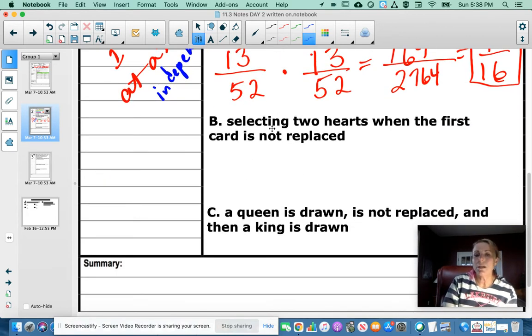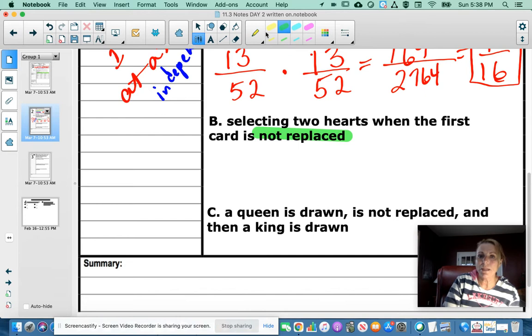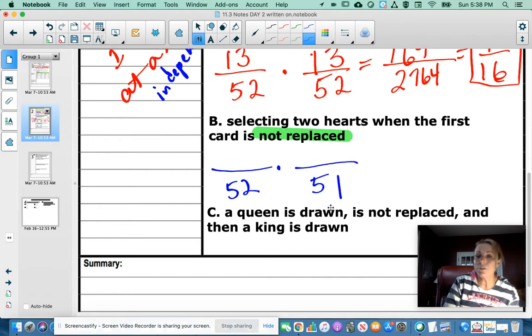Let's go to B. Find the probability of selecting 2 hearts. Again, 1 at a time. Pick the cards 1 at a time when the first card is not replaced. Well, watch what happens. 52, if it's not replaced, then there's 51. There's 13 hearts, but if I take 1 out and I don't put it back, there's now 12. 13 times 12 is 156.